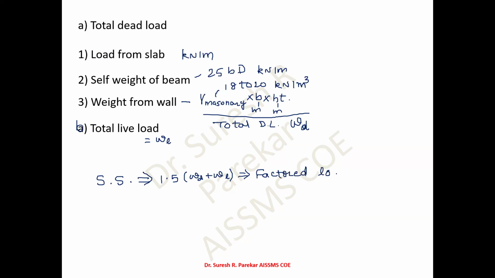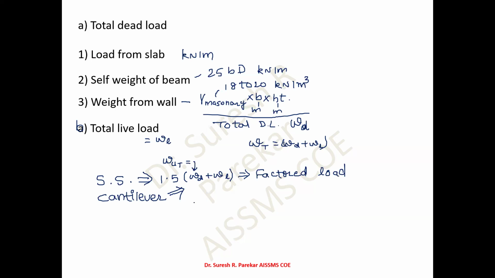In case of simply supported and in case of cantilever, in both, we have to directly add dead load to live load. So WT you can say equal to WD plus WL, and then you can multiply this WT. So you can write this value as WUT, which you will get from here.